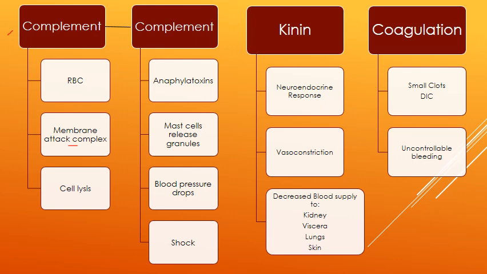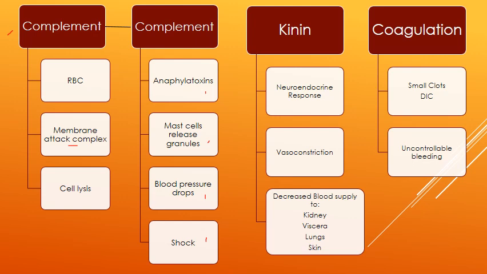Those factors, the 5A, those little factors there, can act as anaphylatoxins, where they cause a massive influx of cytotoxins, leading, unfortunately, to anaphylaxis. They can release mast cell granules. Both of these can lead to a drop in blood pressure and eventually shock. It's not necessarily always that way, but it can lead to that.